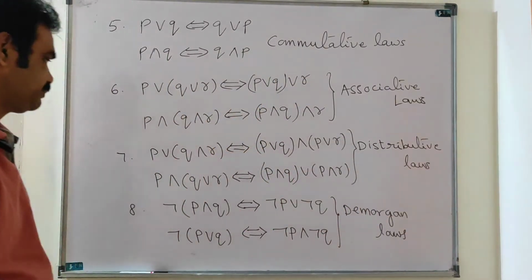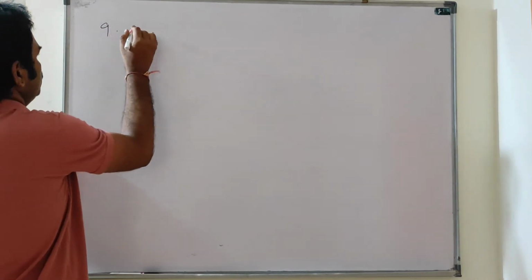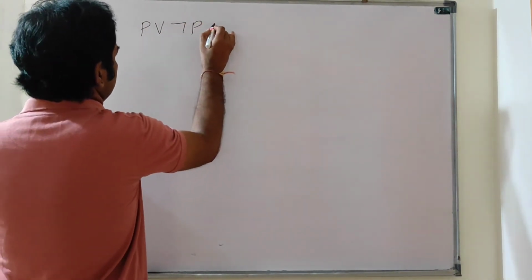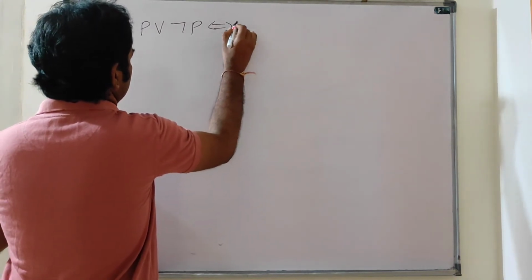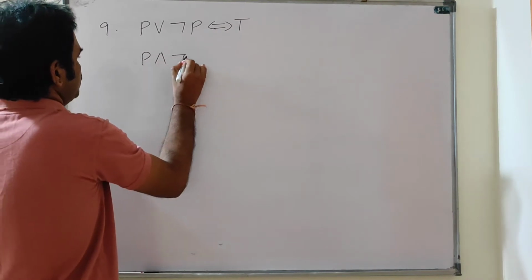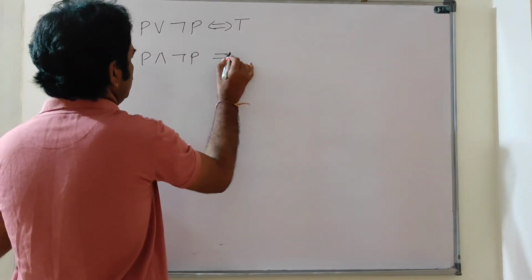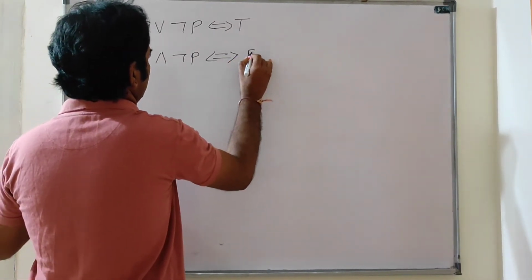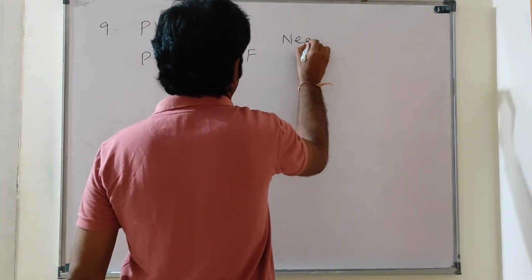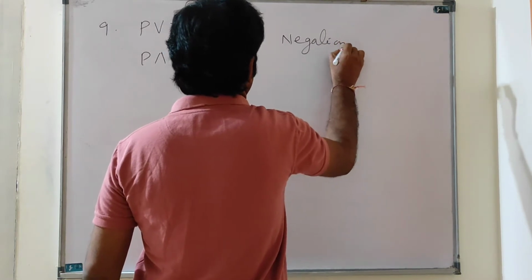Okay. Next, P or negation P is logically equivalent to T. P and negation P is logically equivalent to F. These are known as negation laws.